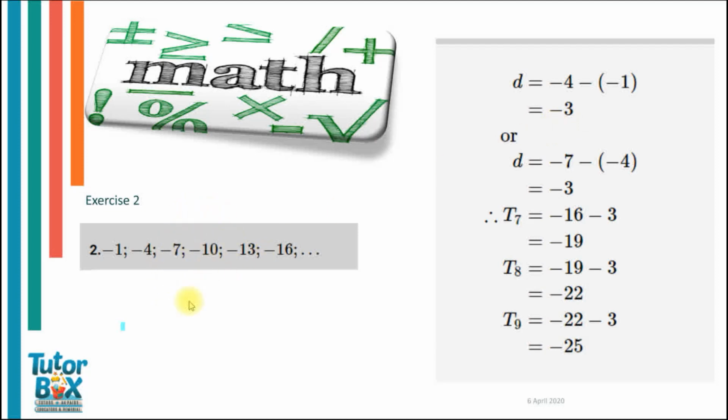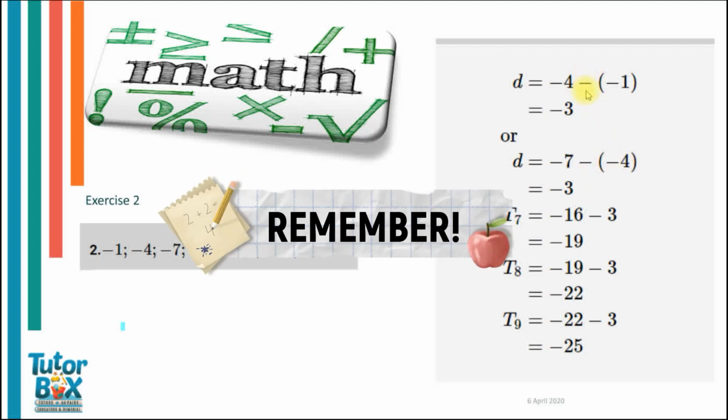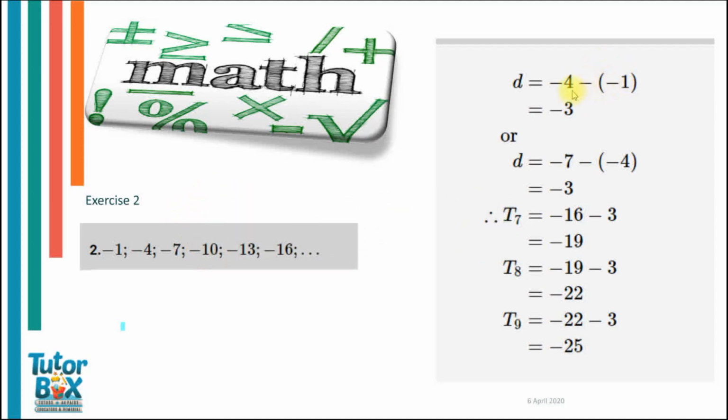To check if that common difference applies throughout, we take our -7, which is our third term, and subtract -4. Guys, please remember that when you have a negative outside and it's multiplying a negative, this becomes a positive.